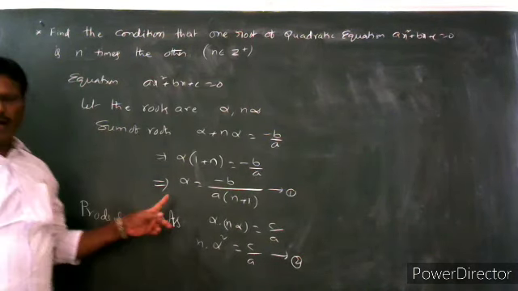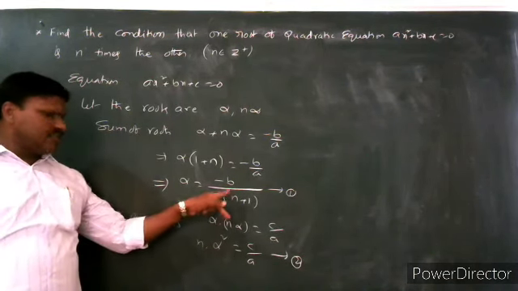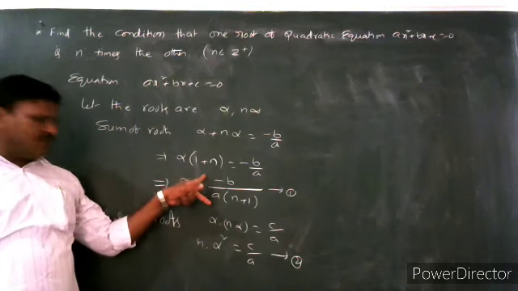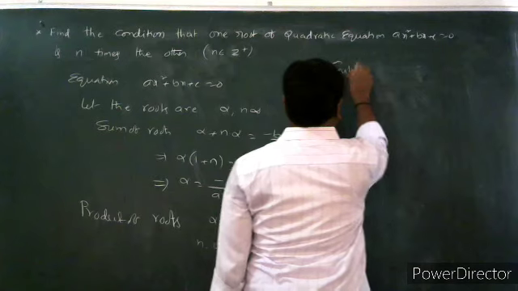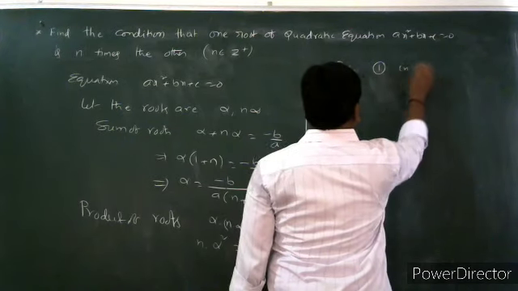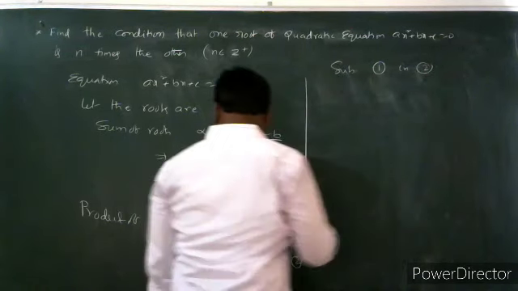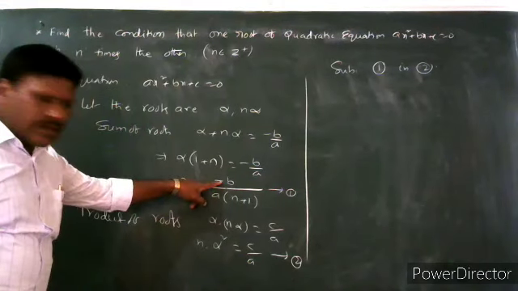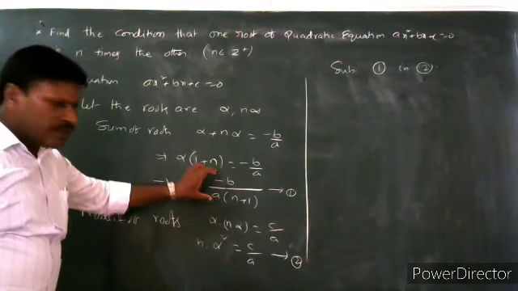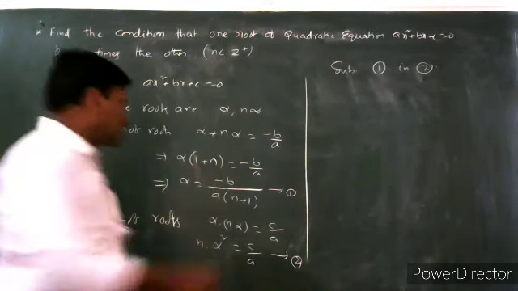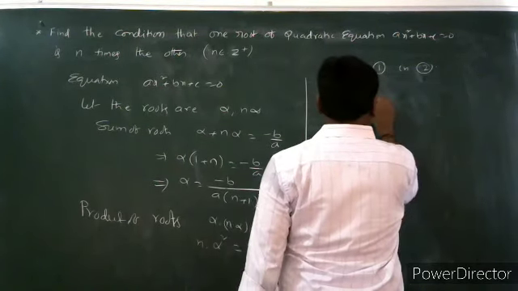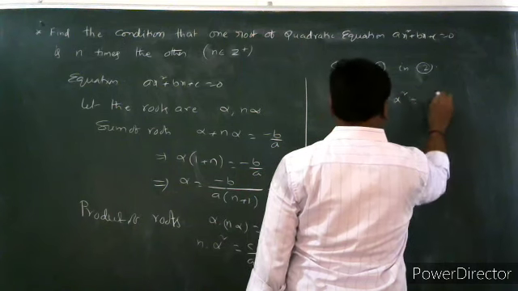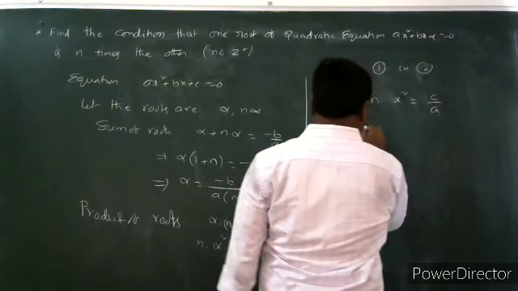Already we have the value of alpha in the first equation. Substitute this alpha value here. Substitute 1 into 2. Alpha is minus b by a into (n + 1). Substitute this value at this place. In the second one, n into alpha square is equal to c by a.